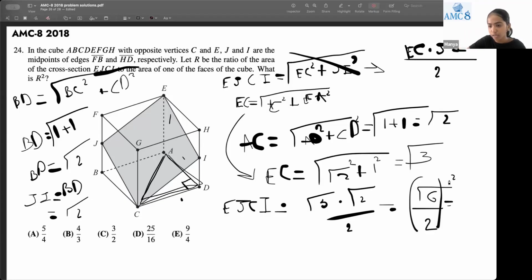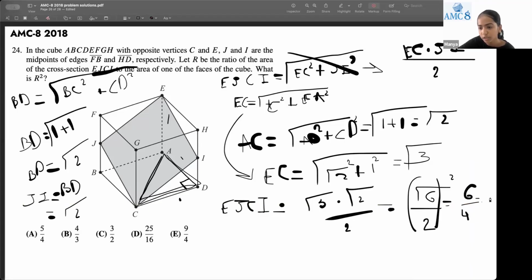And since the square root and the square cancel out with each other, we will be getting 6 over 4, which simplified will be giving us 3 over 2, since 2 times 2 is equal to 4. And so our final answer would be C, 3 over 2.